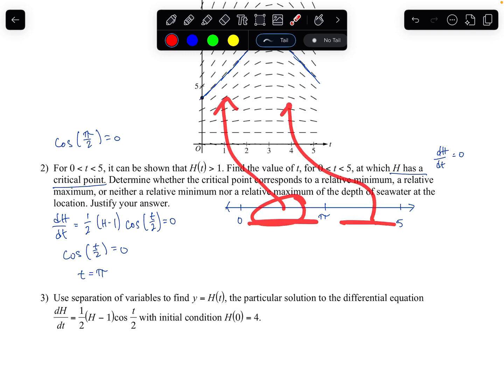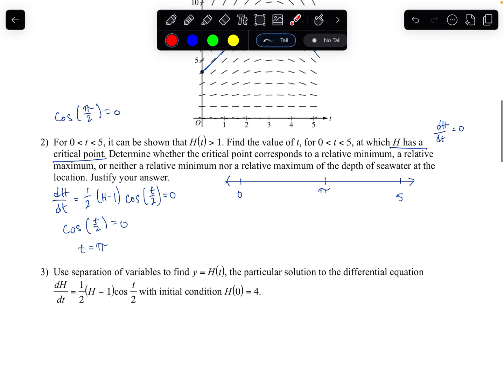I know that the values here are going to be negative. So this is a good thing, because now you just have to make your math work like that, right? So we want to prove that h prime is positive here. And here we want to show, somewhere in this interval, that h prime is negative.